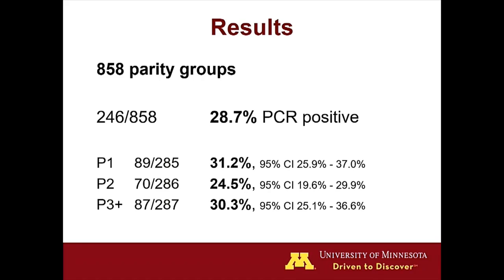When we did the stratification by parity group, we observed that there were some differences in the point estimate, but when you see the confidence intervals, they are quite broad and overlapping between these parity groups. So we started immediately seeing that there may be really no difference between the parity groups.